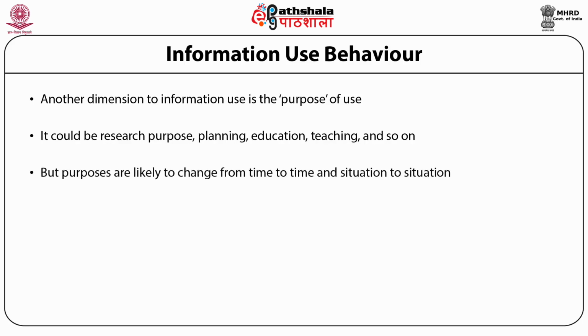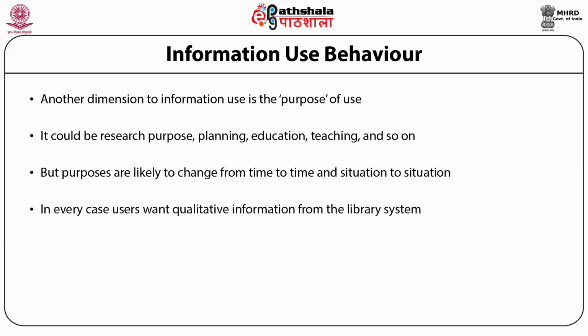But purposes are likely to change from time to time and situation to situation. In every case, users want qualitative information from the library system. So the onus comes on the librarian.